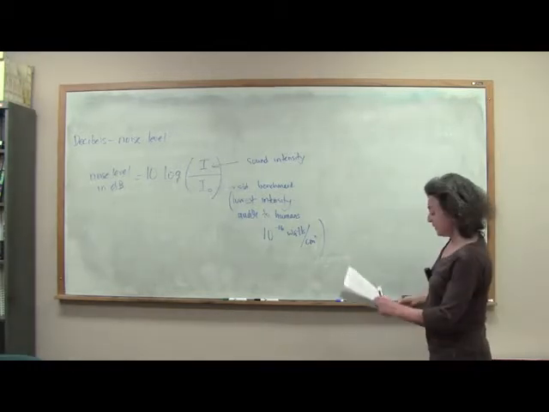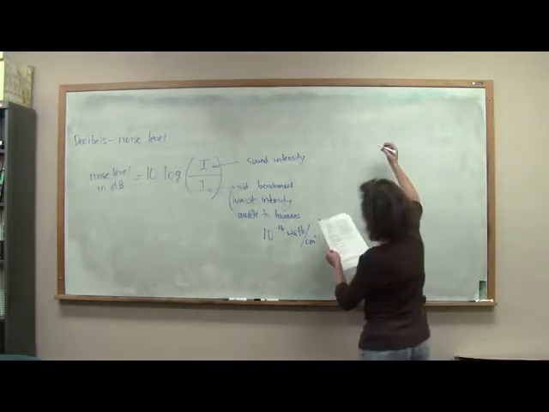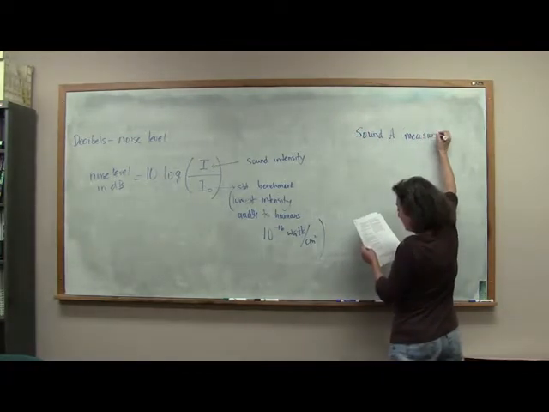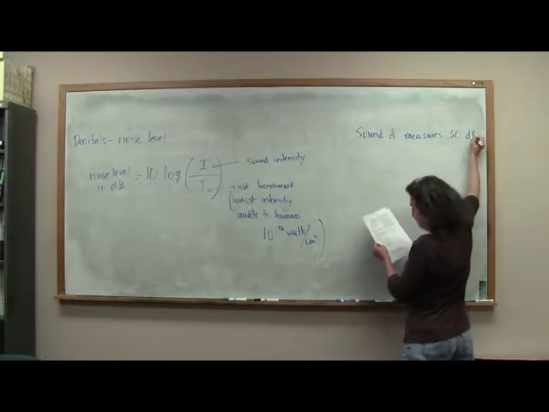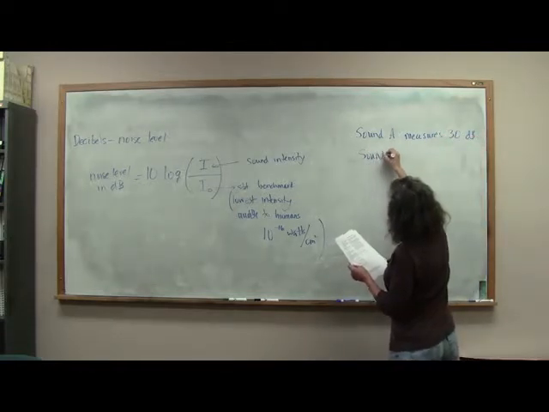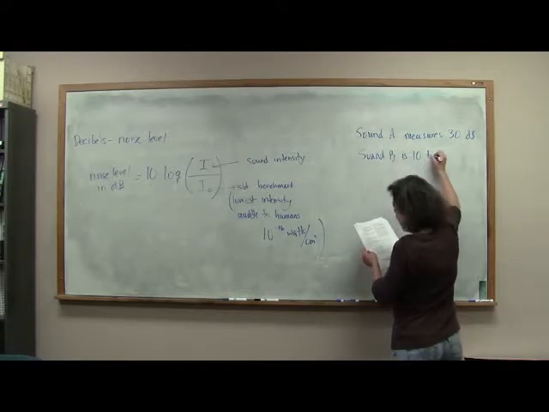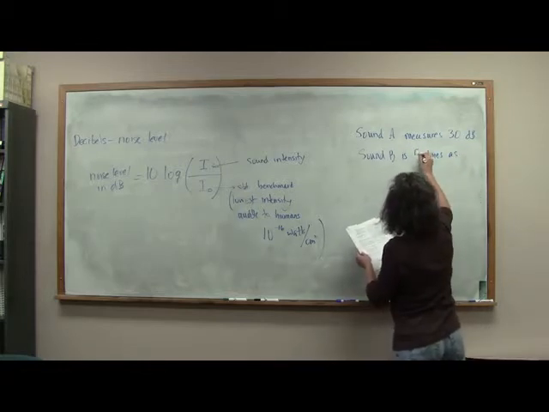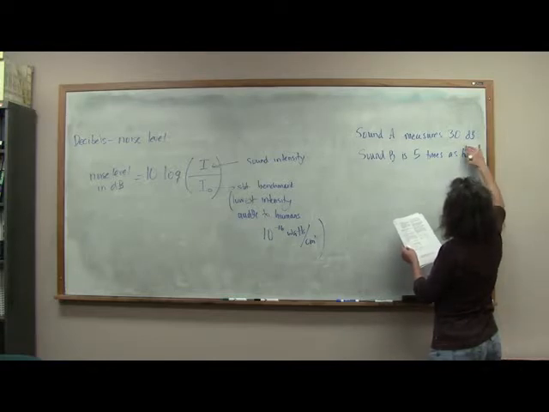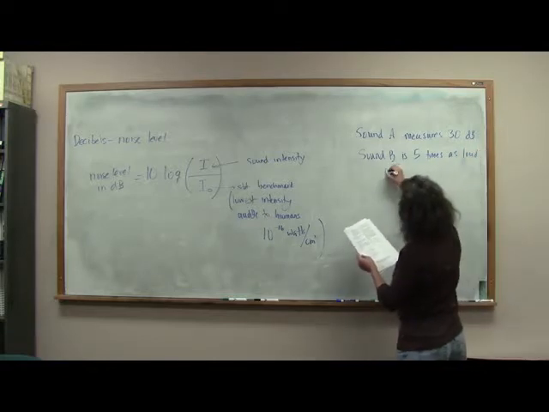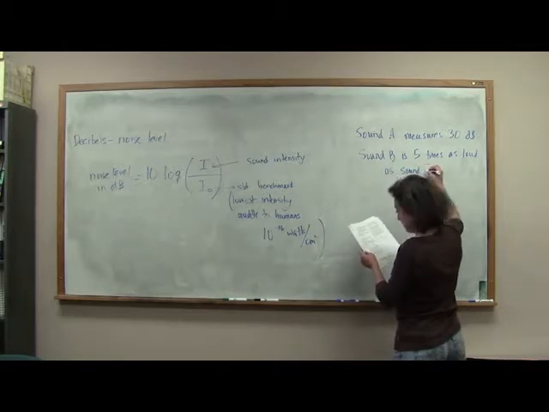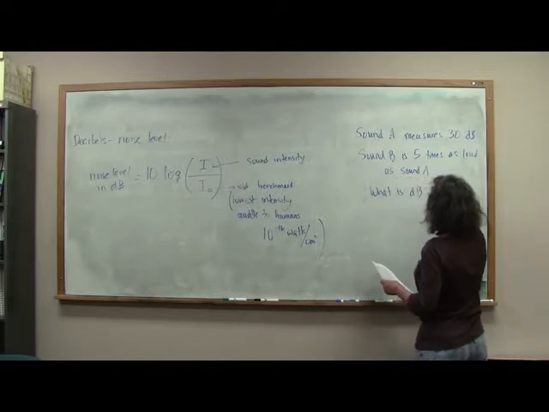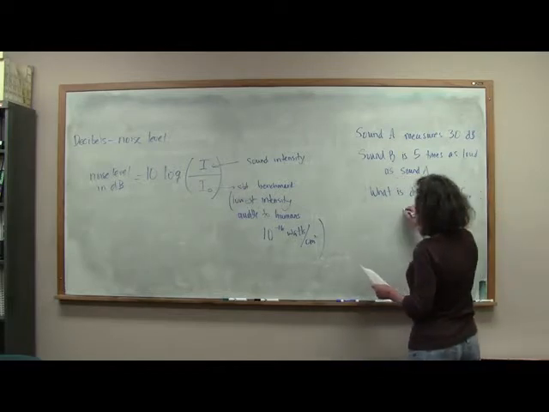Suppose I tell you the following. Suppose I tell you that sound A measures 30 decibels and sound B is 5 times as loud as sound A. What is the decibel rating for sound B?